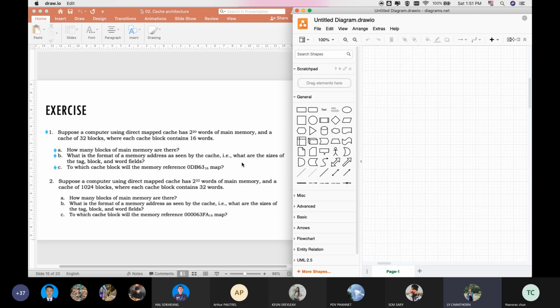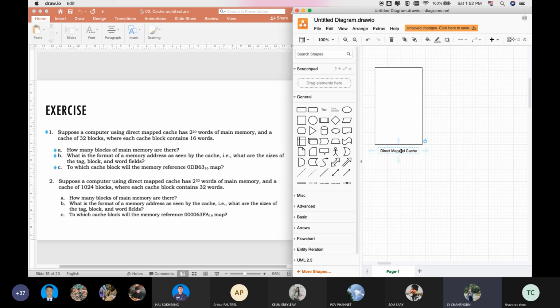So for the exercise, suppose that we have a computer using the direct map cache, which has 2 power 20 words of main memory. So let's draw a cache here. Our cache is direct map, so I mark it as the direct map cache. If we use a different method to do mapping, you need to apply a different method as well.